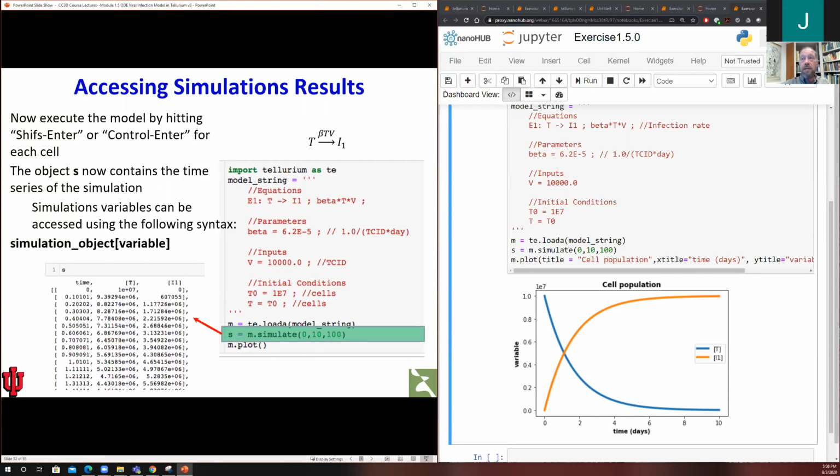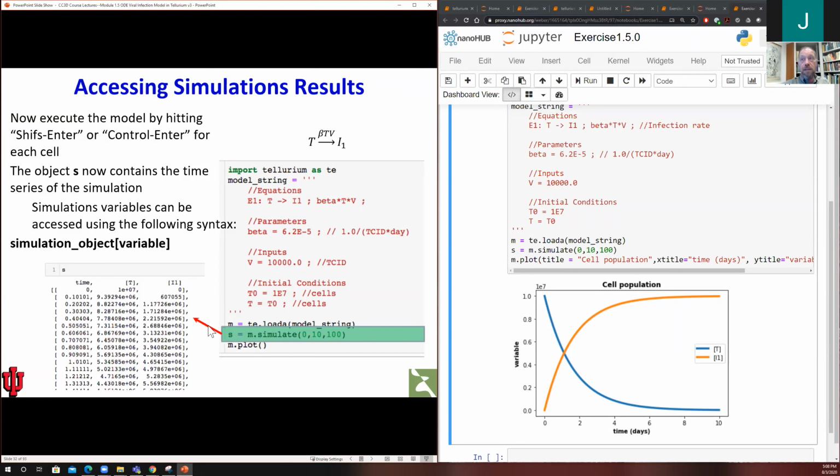Okay? The disadvantage of having a complex object like this returned by the simulator is that it's not a simple NumPy array, and therefore some NumPy functions won't like it because they'll get confused by the character strings at the beginning.